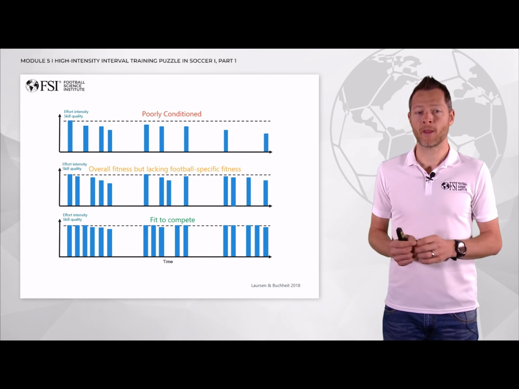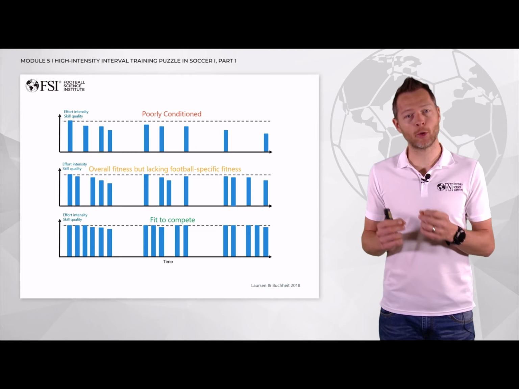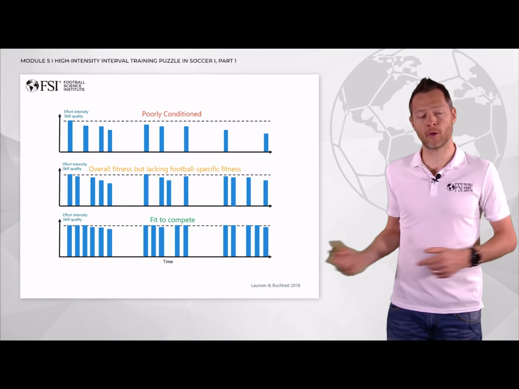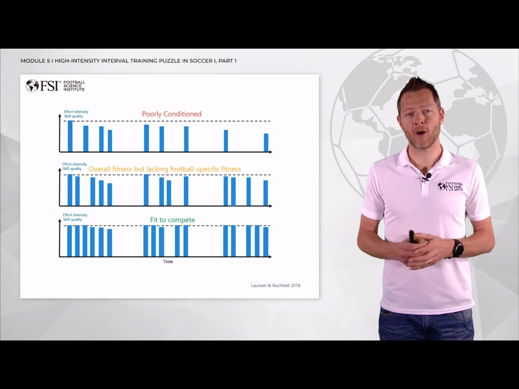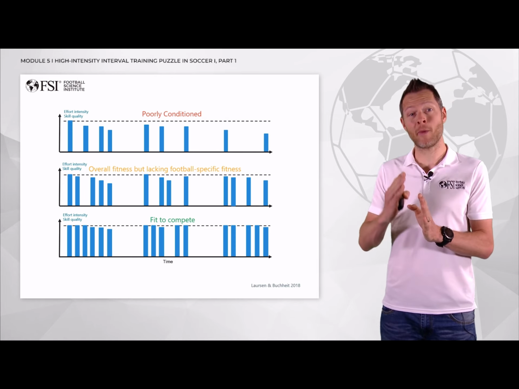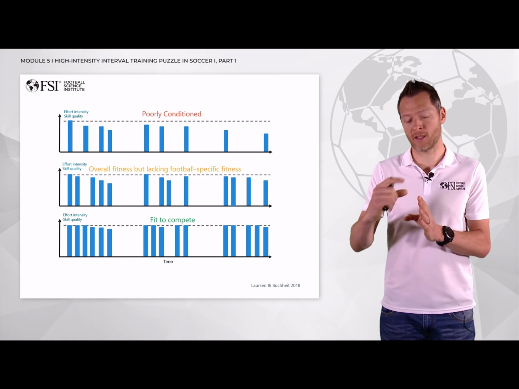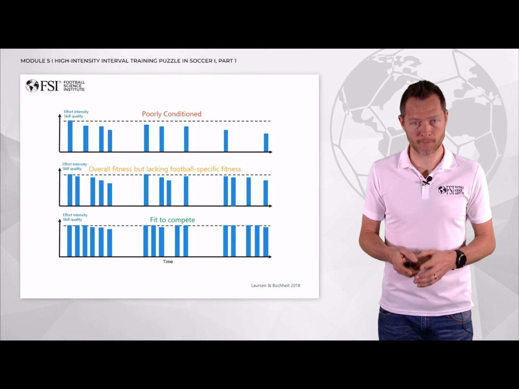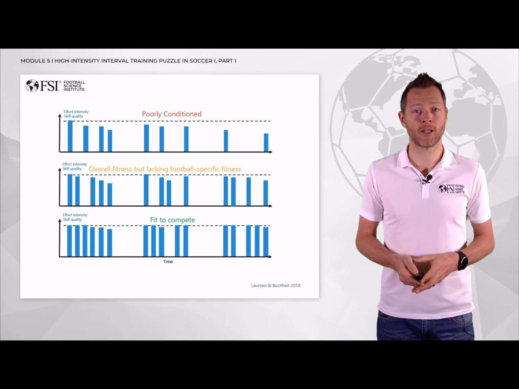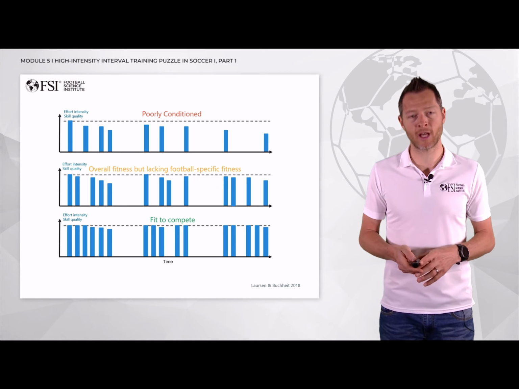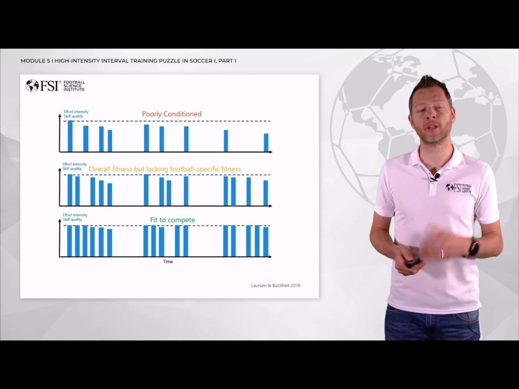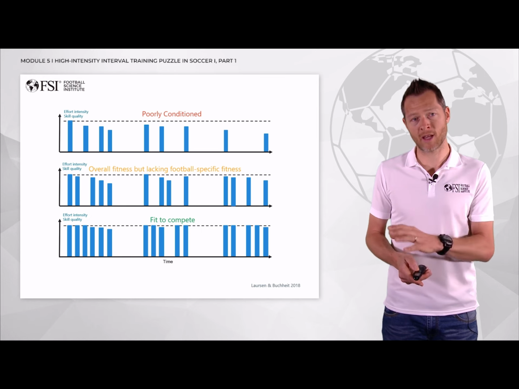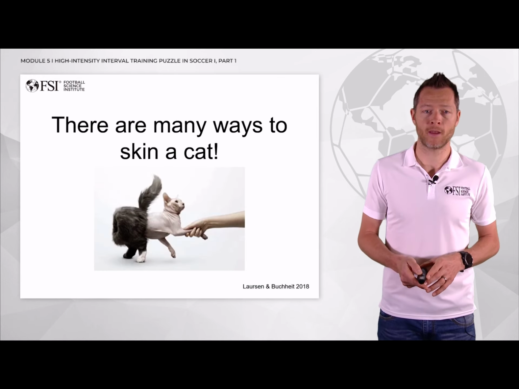So in that case, a player that is fit to compete through specific fitness will show the profile on the bottom graph, with the ability to repeat and to maintain the intensity of each bout with both quality and high frequency. So that's obviously the goal, and we're going to discuss the different types of training that could lead us to take the players into those types of activities.